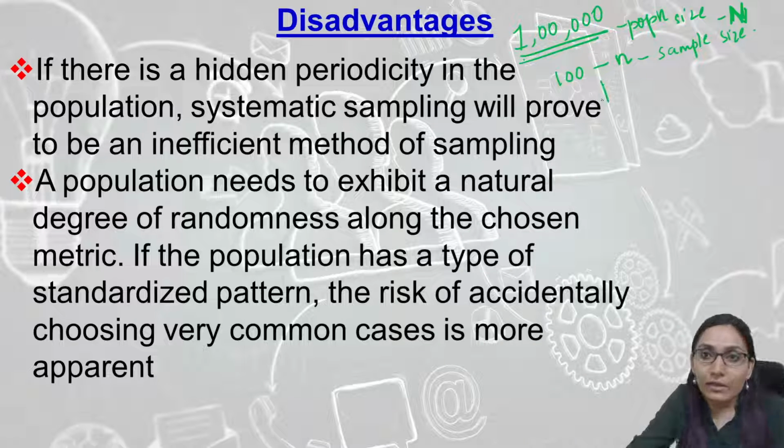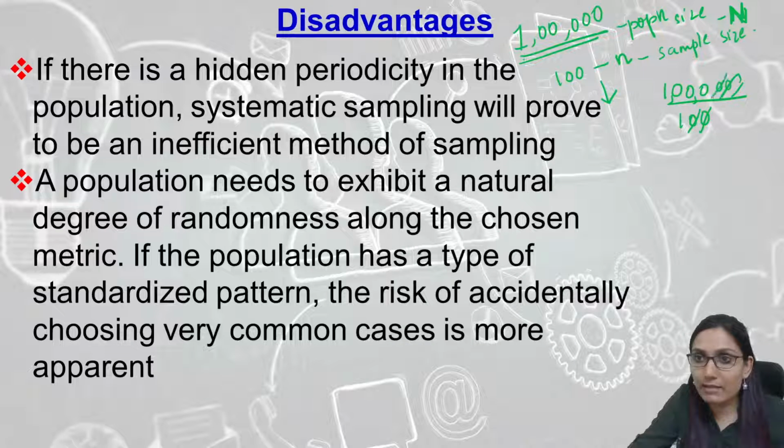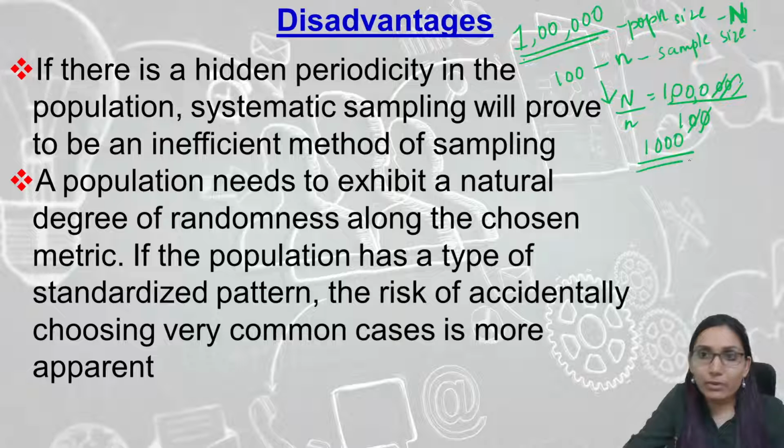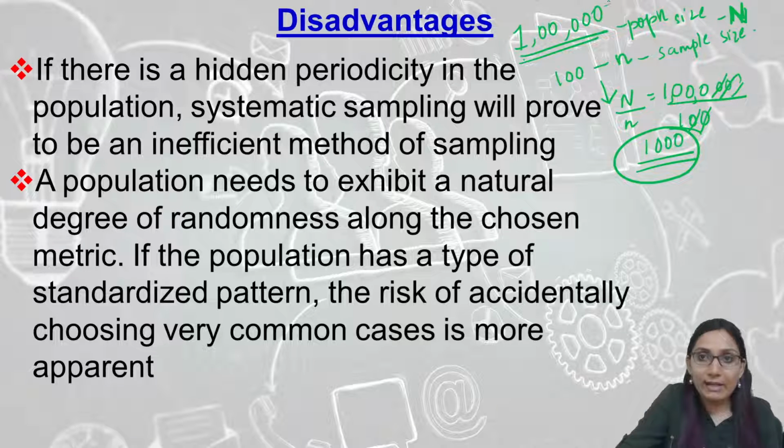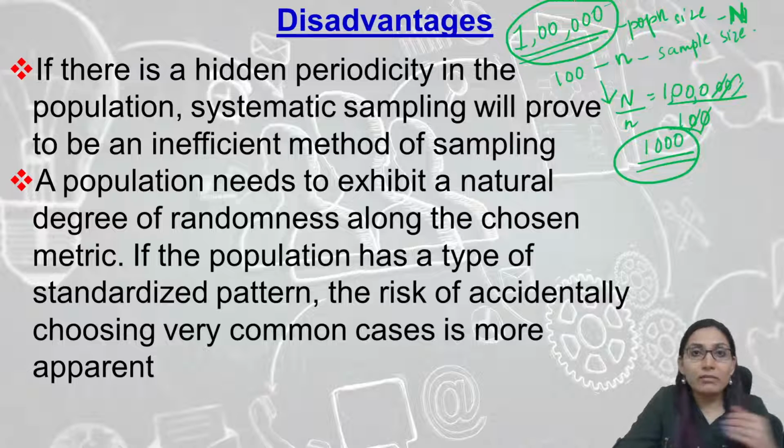Now, how can you use this method? Large N, that is 1 lakh, divided by small n, that is 100, gives you 1000. So what you do in systematic sampling is, you take this entire 1 lakh population and one person is randomly chosen from the first 1000.